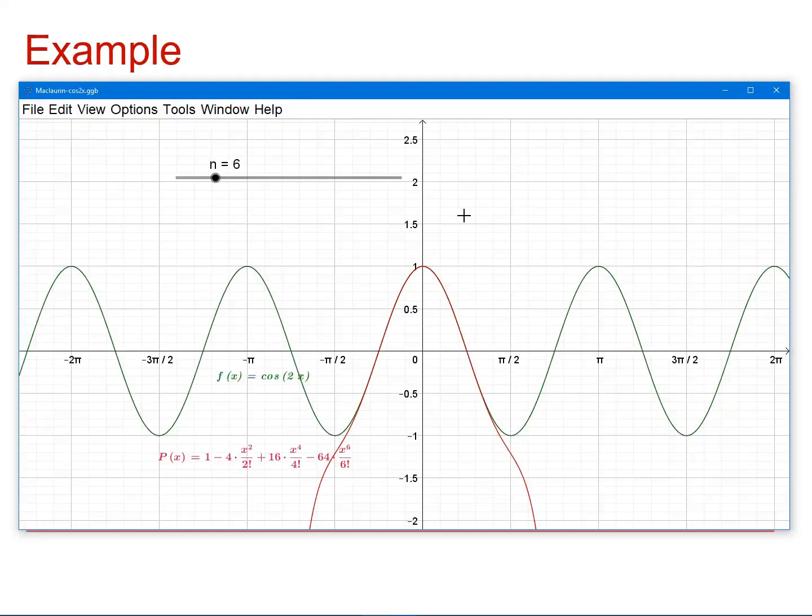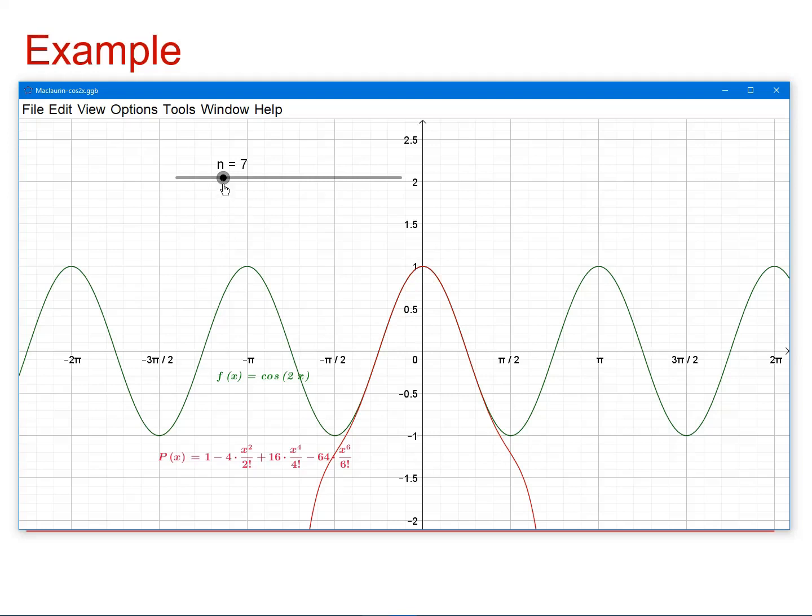Okay, so let's look at that example plotted up so that we can see it. The green curve is cos 2x, and the red curve is the polynomial of order 6 in this case, and I can alter the order of the polynomial and see what happens. The first thing to notice is that at n equals 7 there is no change because there isn't a term in x to the 7.